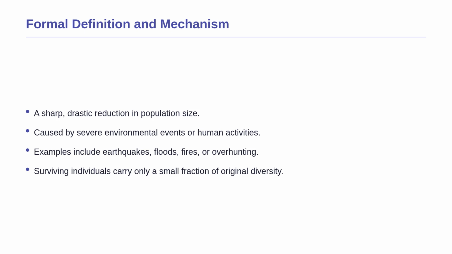When a population shrinks this drastically, the few surviving individuals only carry a very small fraction of the genetic diversity that existed in the original larger population. It is a catastrophic event that instantly wipes out generations of genetic variation.